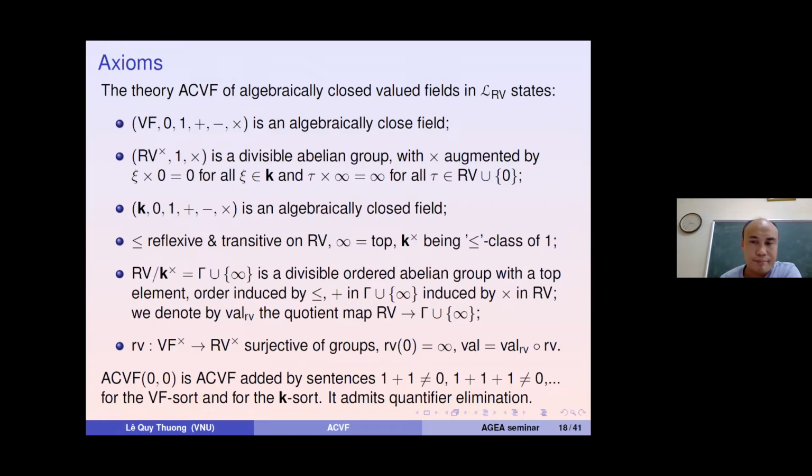And one more statement on the theory is we have the quotient of RV over K star is gamma augmented by infinity symbol, which is a divisible abelian group with the top element.